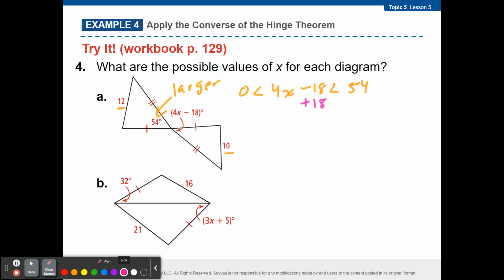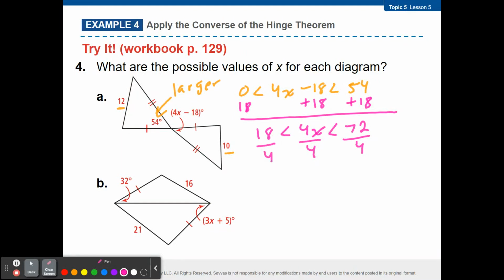Again, we're just going to add 18. This leaves us with 18 less than 4x, which is less than 72. And then we're going to divide everything by 4. So in this case, we're going to have 4.5 is less than x, which is less than 18. So x has to land between 4.5 and 18.